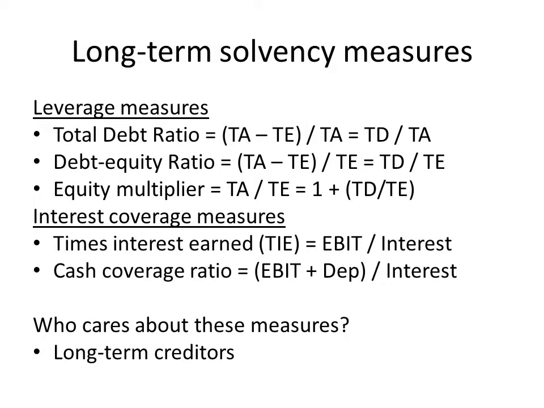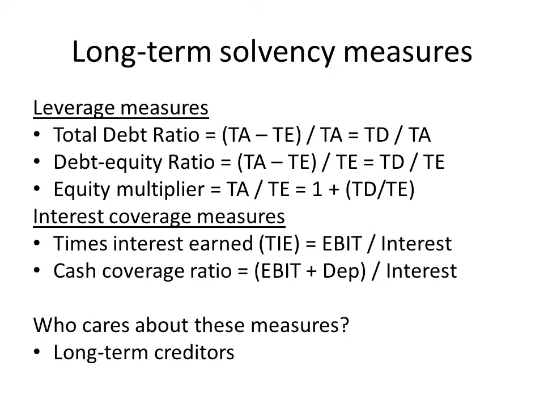Now, here's my problem with the debt-to-equity ratio. As debt increases, you get a linear response out of the total debt ratio, but you get a nonlinear response out of the debt-to-equity ratio. Let me demonstrate. If the total debt ratio went from 0.5 to 0.6, that's a 20% increase. And we throw those same numbers into the debt-to-equity ratio.